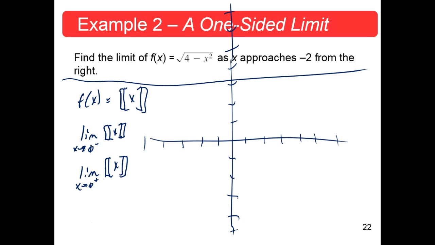Give me an x. 1. Okay, what's the greatest integer in 1? 1. All right, we got it right there. Give me another x. 6. Okay, what's the greatest integer in 6? Yep, you got it. Right there. Give me another x. -1. Greatest integer in -1 is? -1.